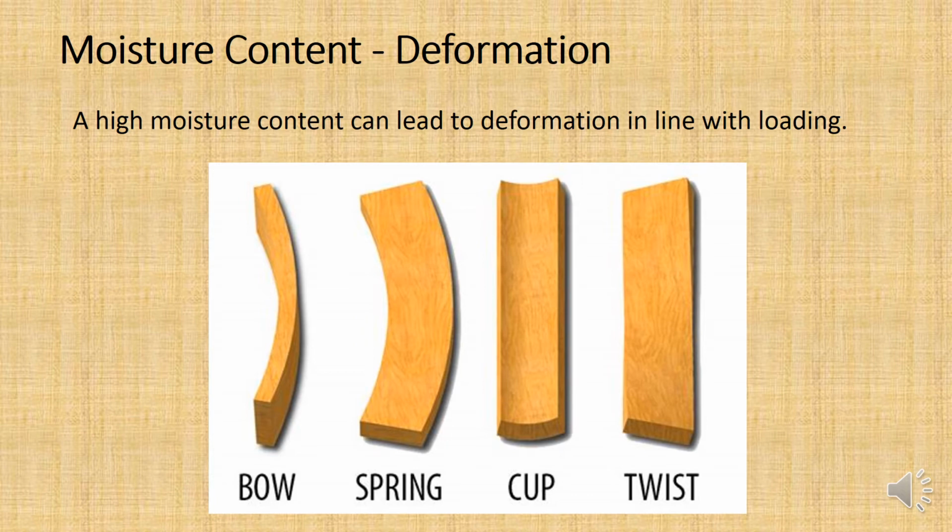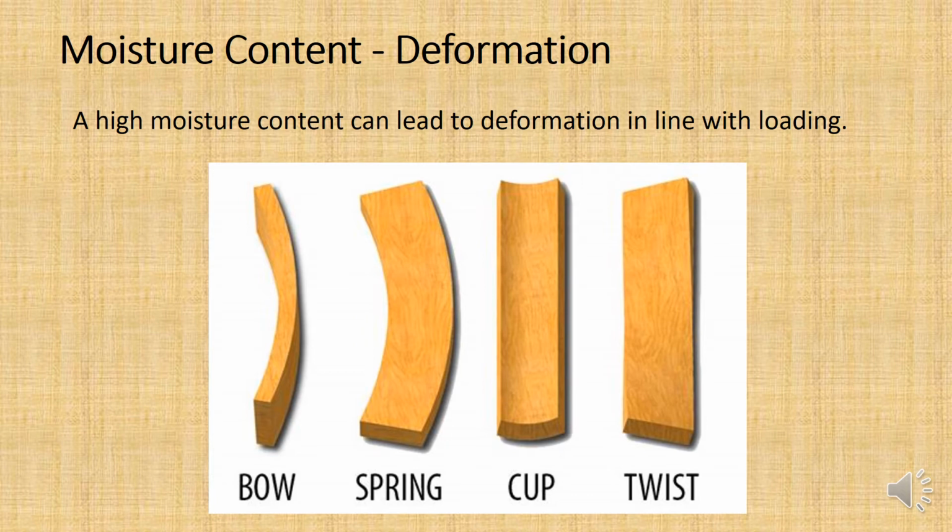If it has high moisture content, the wood can actually deform. That means the wood is softer. It means the gaps between the wood fibers are larger, and so you can bend the wood into different shapes.